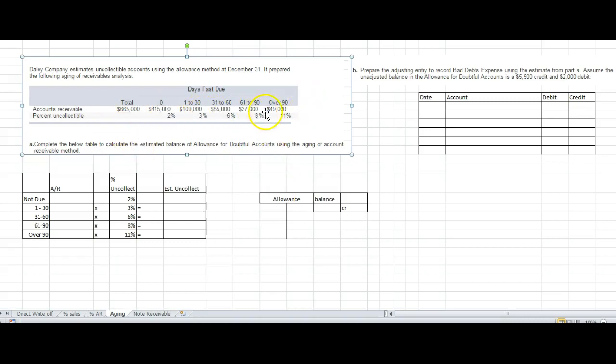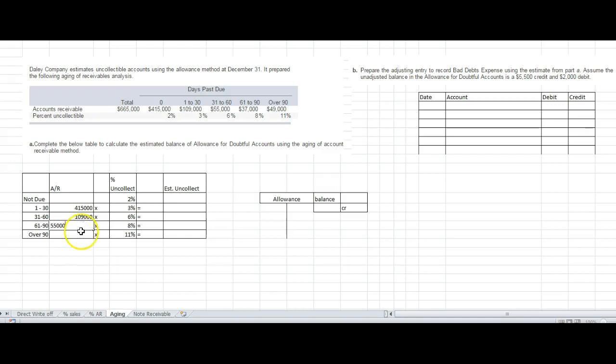So you'll establish your percentages, and then you'll create a table. And you will put each amount in and then find out how much you think will be uncollectible for the period.